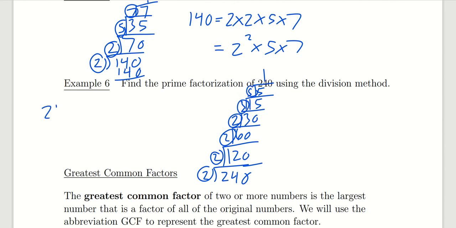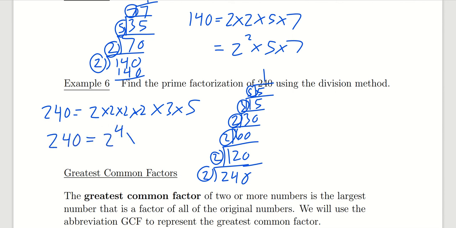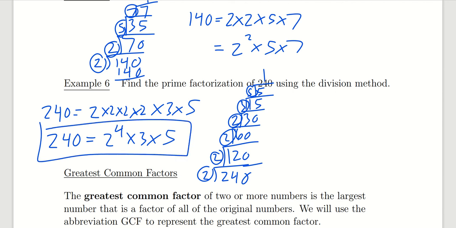And we see that 240 is equal to, we have 1, 2, 3, 4 2s. We have 1, 3, and we have 1, 5. So 240 is going to be 4 2s, 1 3, and 1 5. And that would be our prime factorization.